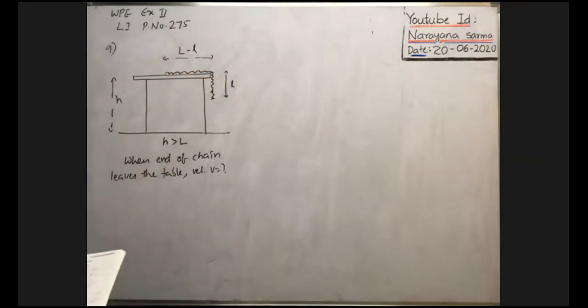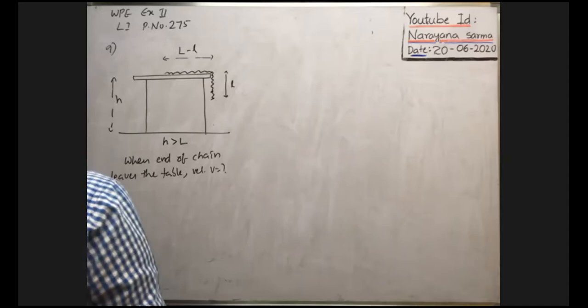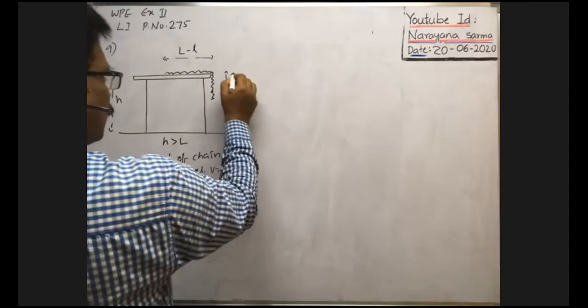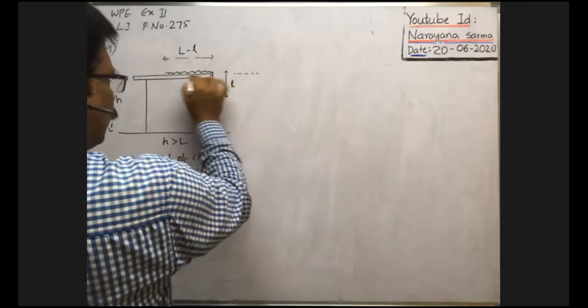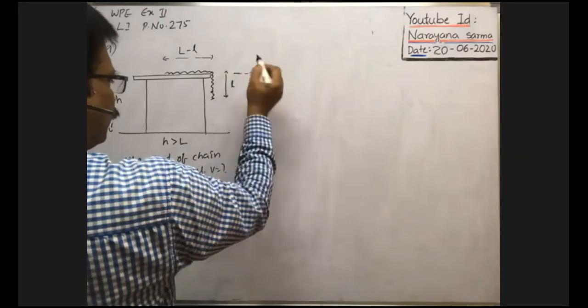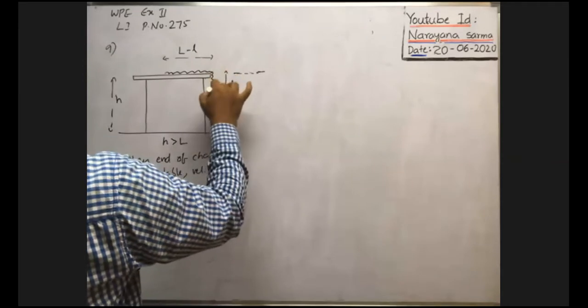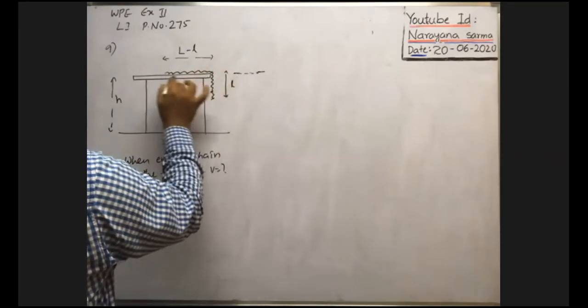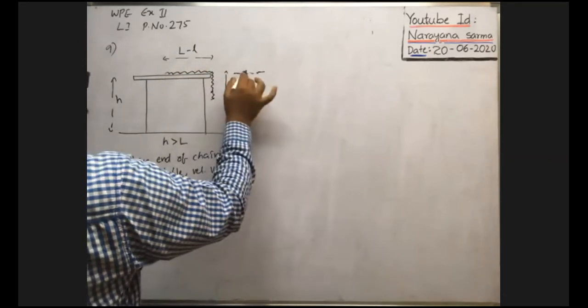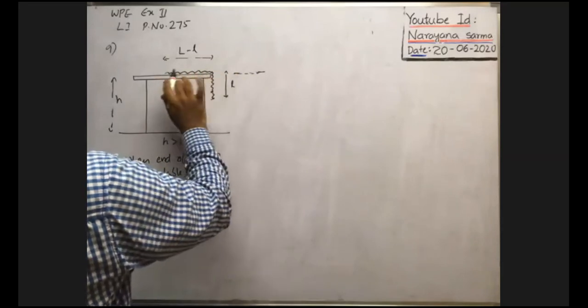So at the instant it leaves the edge of the table, what is the kinetic energy acquired? You see, initially you take the edge of the table surface as the reference point. Initially, what is the potential energy? This part of the chain is at the reference level only, so it has no potential energy.